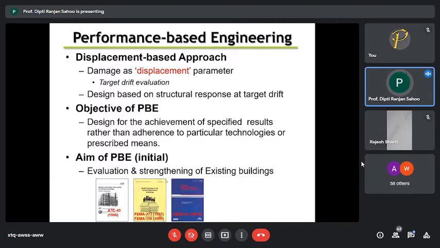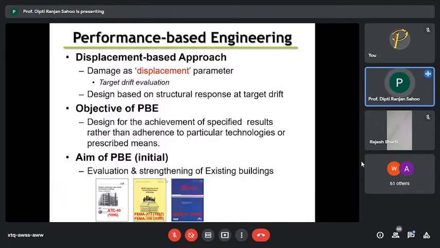one can say, oh, 1 meter displacement is not possible, so the structure has collapsed. So defining damage in terms of a displacement parameter is a better alternative than one based on force.